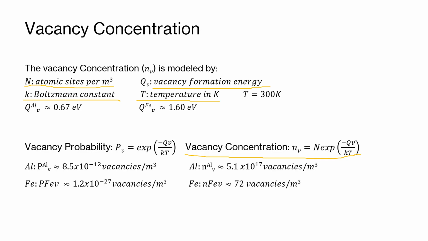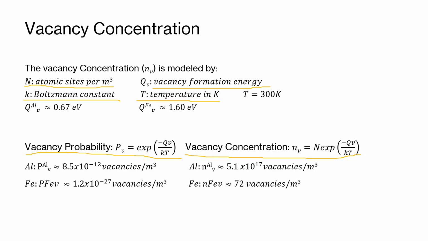Now let's look at our vacancy probability, which is right here. For this formula, it's a little different from our vacancy concentration because we don't have our atomic sites per meter cubed. Basically, it's the vacancy formation energy divided by the Boltzmann constant multiplied by the temperature, and the vacancy formation energy is still negative for this one too.